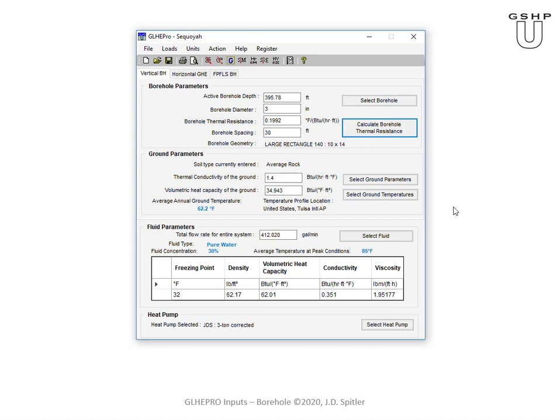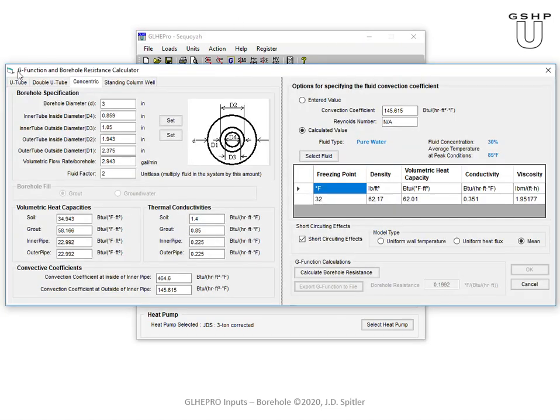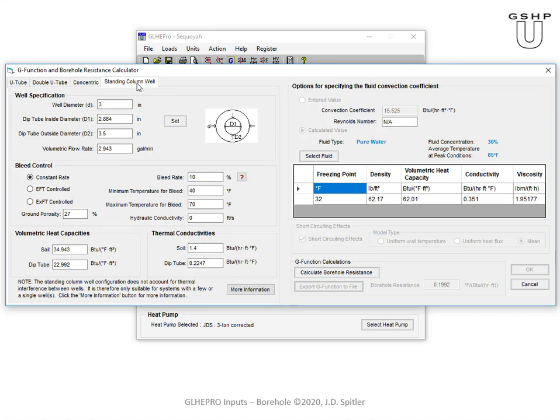All those things can be done, but I don't actually have a lot of experience with these, and I don't think they're commonly used here in North America. They've become more popular in places like Sweden, where they use really deep boreholes. There have been a few PhD theses on these, and so on. But anyways, that's concentric.